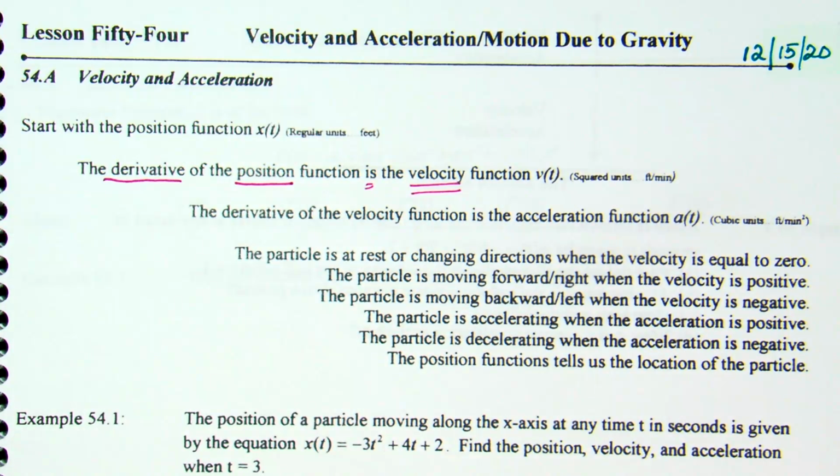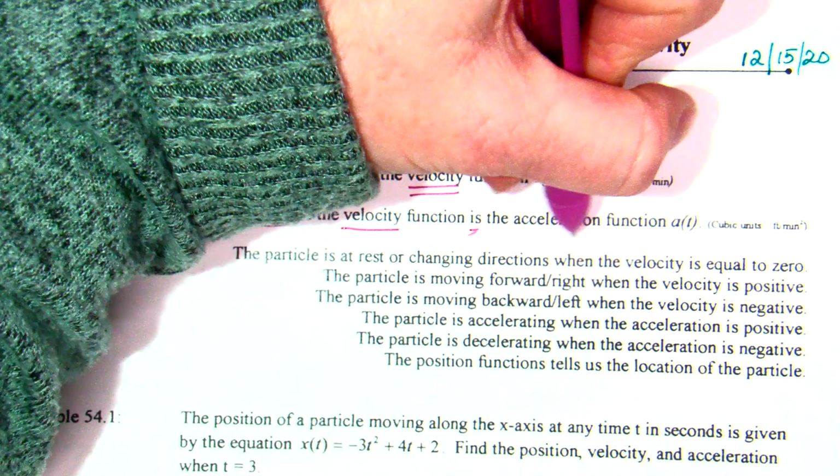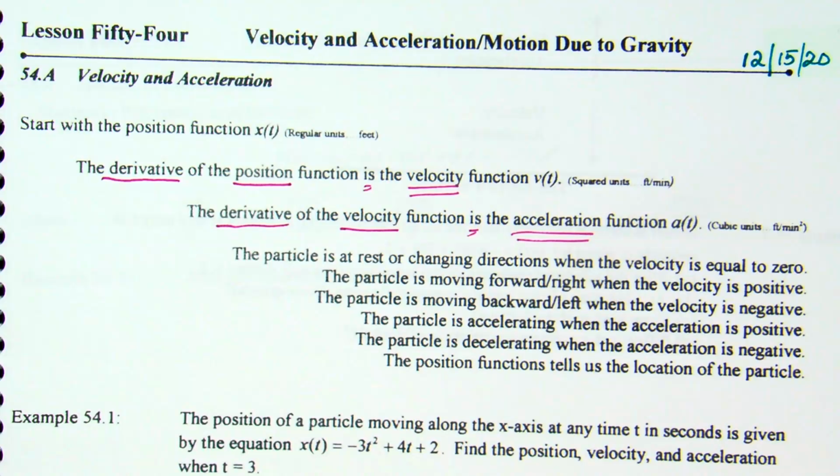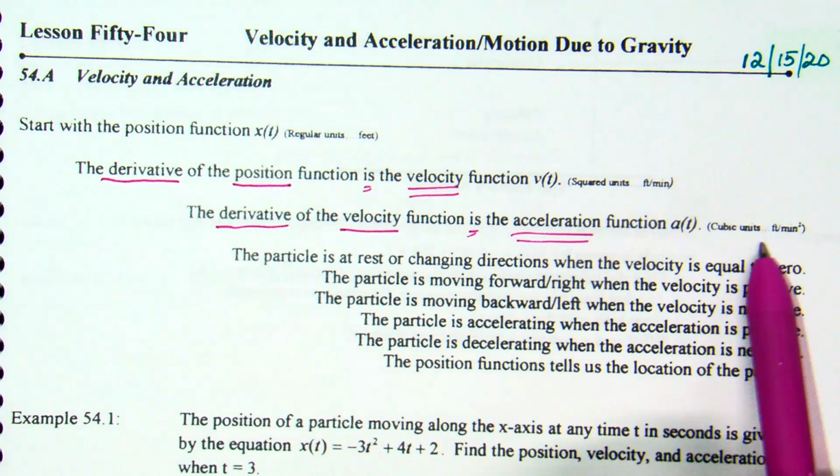Then the derivative of velocity is acceleration, which is feet per minute with respect to time, divided by minute again. That's where you'll see feet per minute squared, which I think you have a pretty good grasp of from physics.